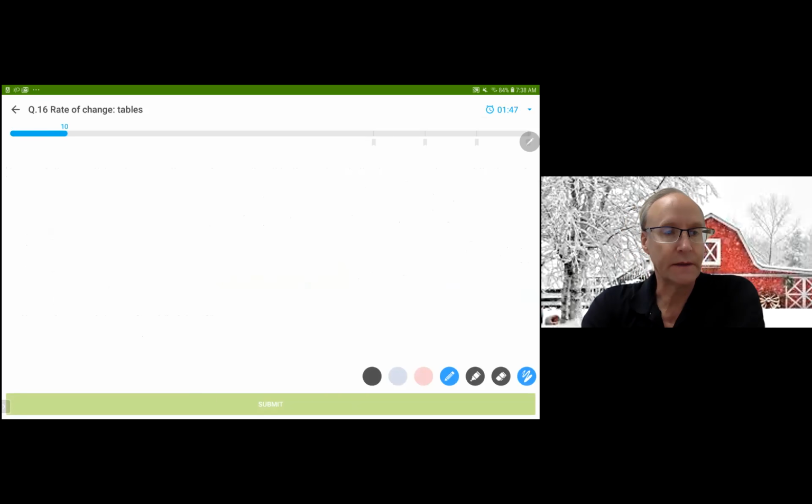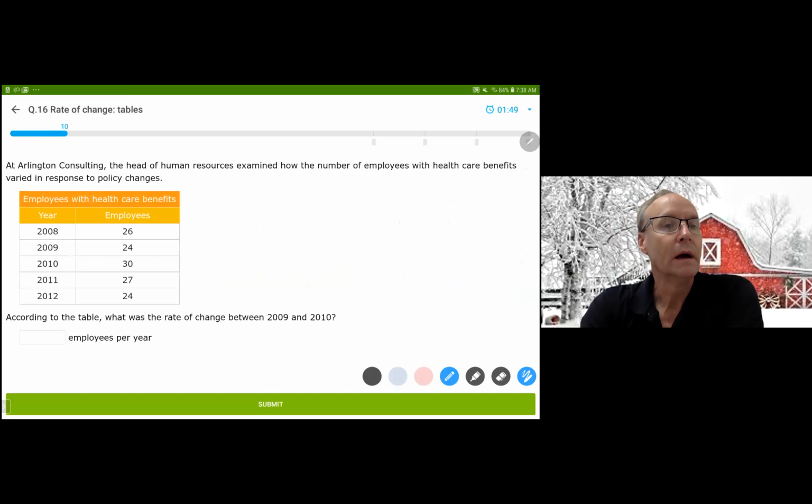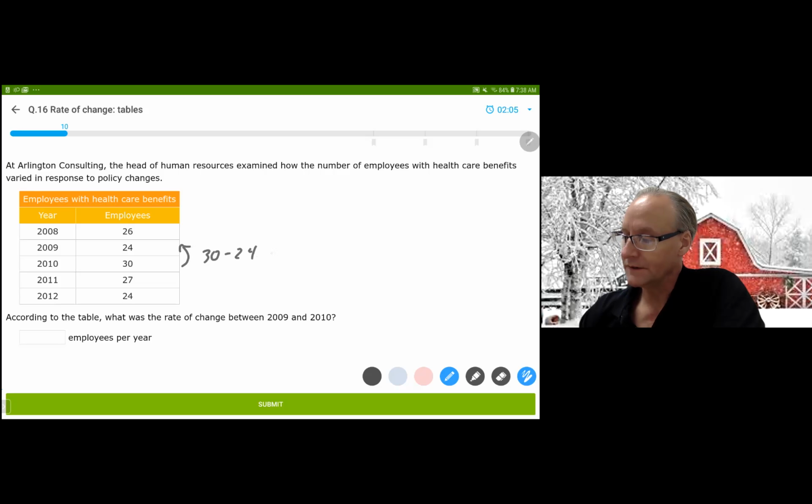Now let's take a look at another one. Okay, now this time, 2009 and 2010. Okay, they're going to make it kind of easy, but let's go ahead and, in fact, this one is so easy, I'm going to go ahead and subtract it right here. 30 minus 24 is 6.